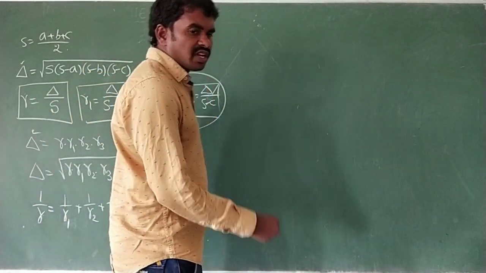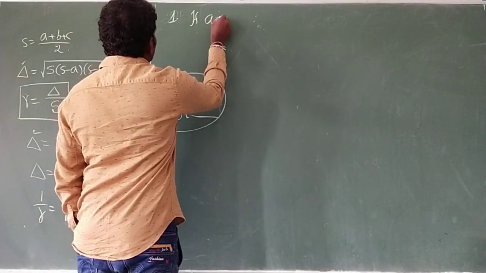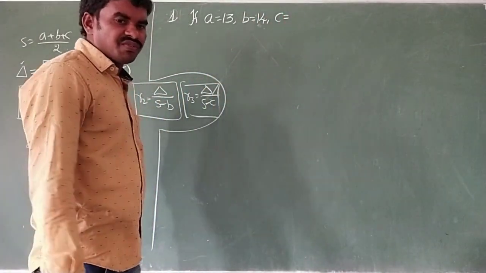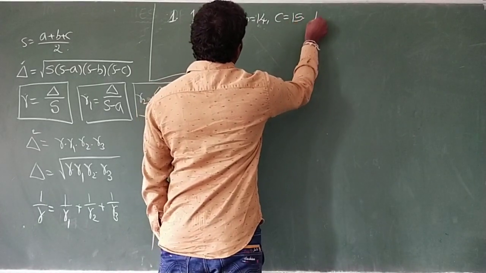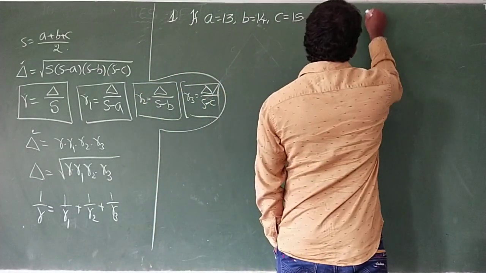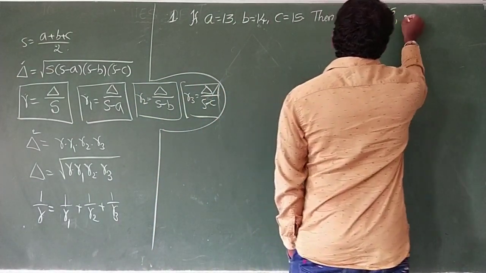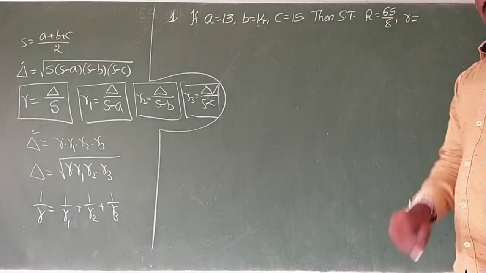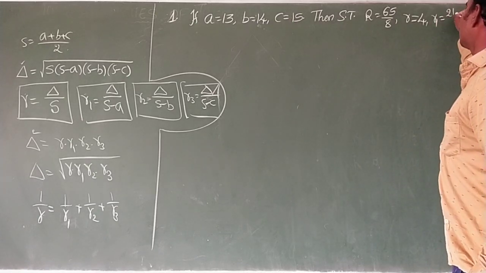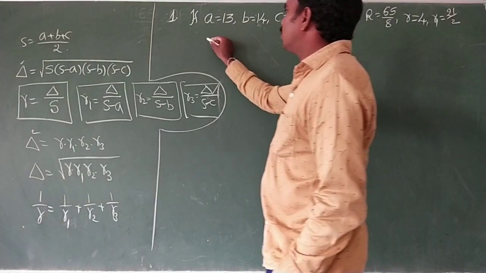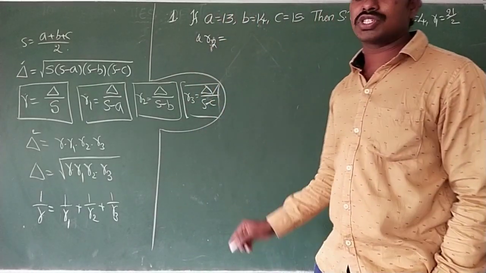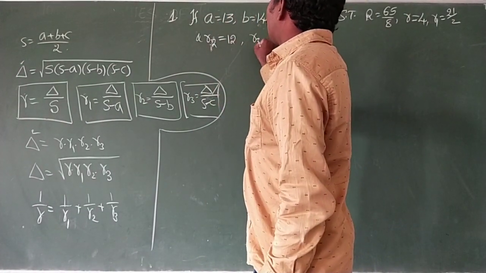Okay, the first question is: if small a equals 13, small b equals 14, small c equals 15, then show that capital R equals 65 by 8, small r equals 4, small r1 equals 21 by 2, small r2 equals 12, and r3 equals 40.